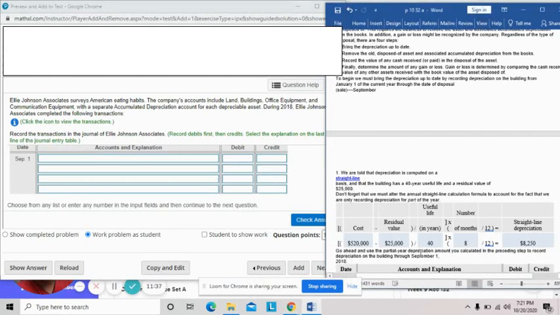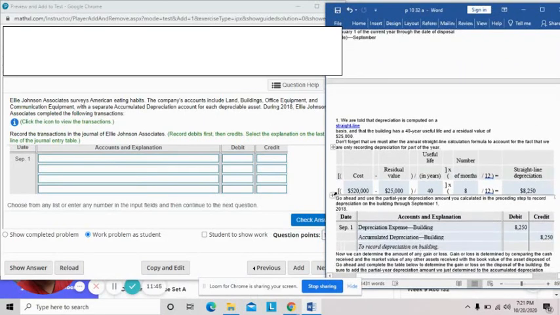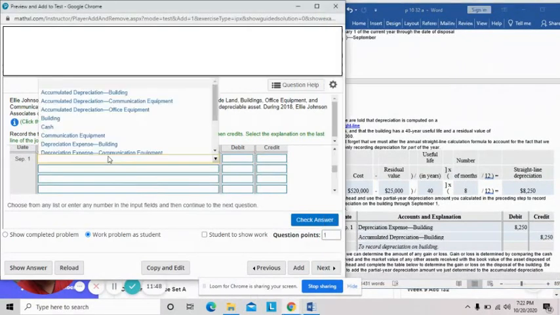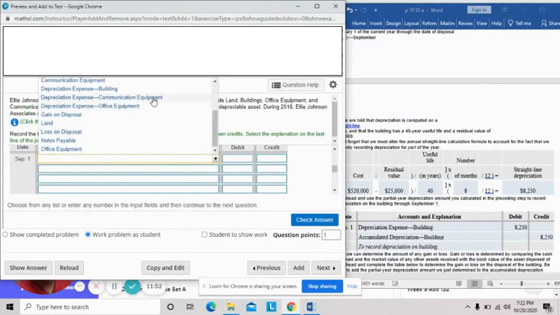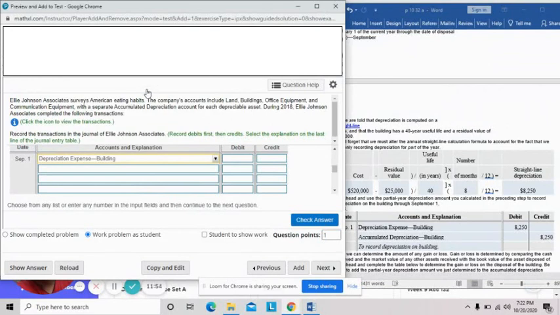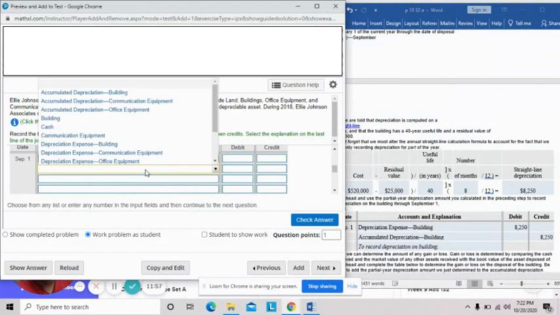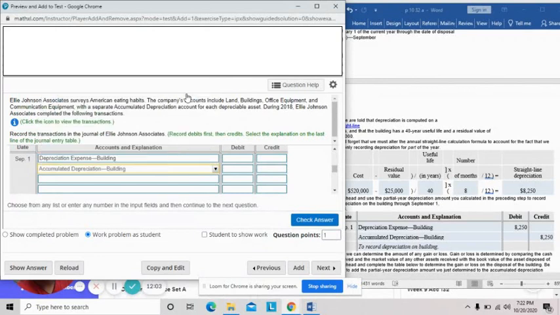I can go ahead and use the partial year depreciation amount I calculated in the preceding step, to record the depreciation on the building through September 1st, 2018. It will be a debit in depreciation expense for a building and a credit in the accumulated depreciation for a building in the amount of 8,250.